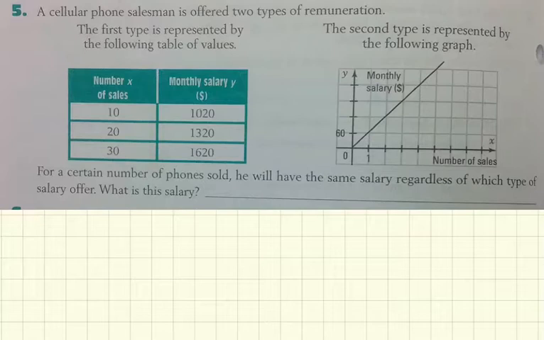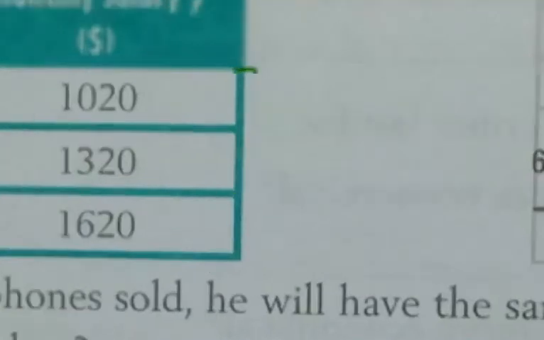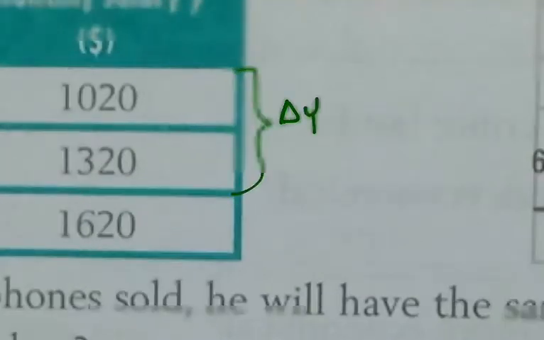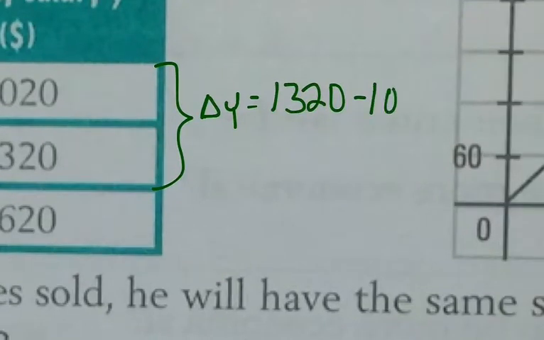So what I need to do is get an equation for each one. From the table of values, I'm going to figure out my A and then my B, and then I'll have the equation. Step one is find the A. I'm just going to use my first 2 points. This is going to be my delta Y. So delta Y is 1320 take away 1020, that's like 320 take away 20, which is 300.